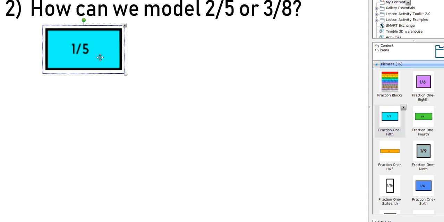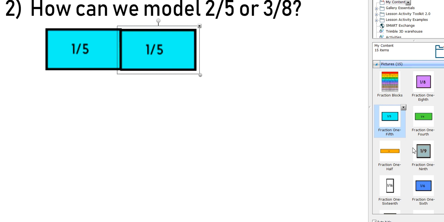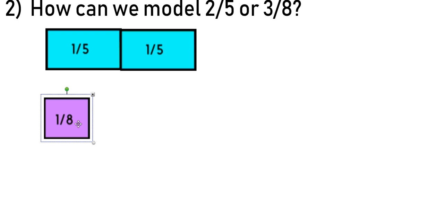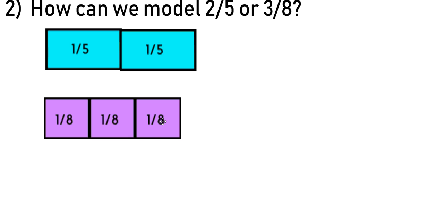As you might imagine, 2/5 is literally 2/5, and 3/8 is literally 3/8. We'll make this on infinite cloner so it's a little easier. 2/5, 3/8. By the way, what's bigger, 2/5 or 3/8?